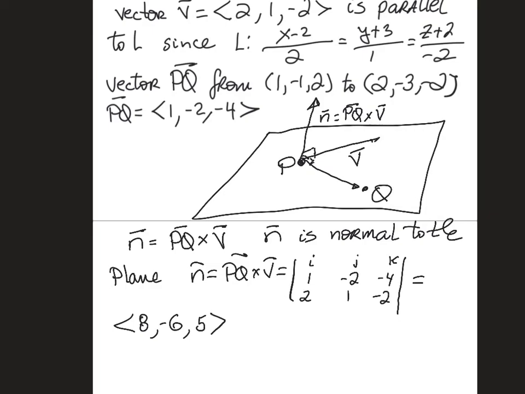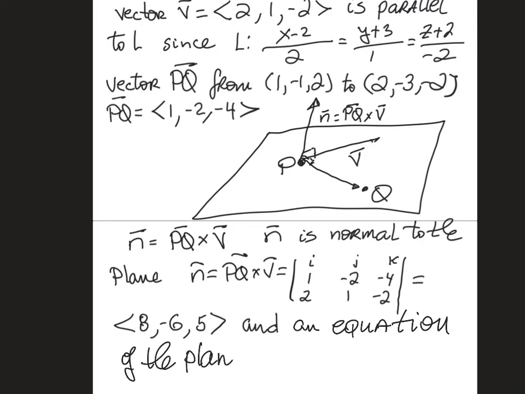Now let's take either point P or point Q, which are both on this plane, and find an equation of the plane that contains point P and is perpendicular to the vector n, 8, -6, and 5.